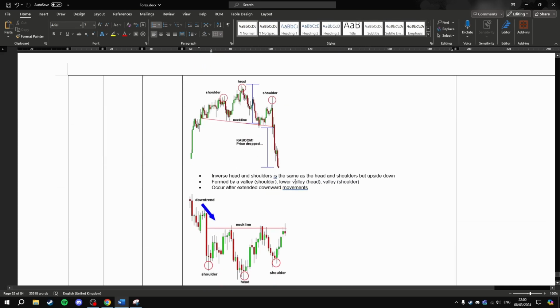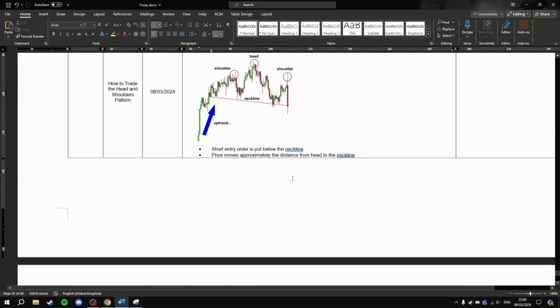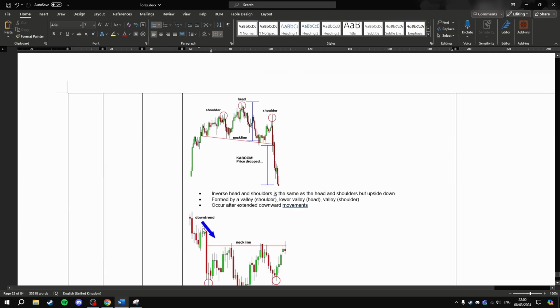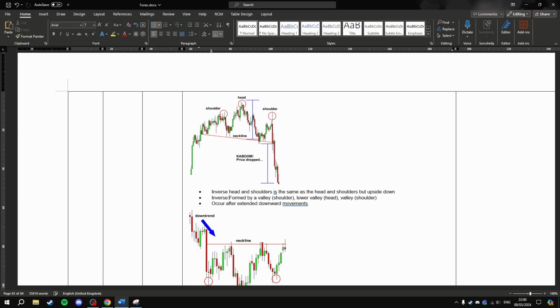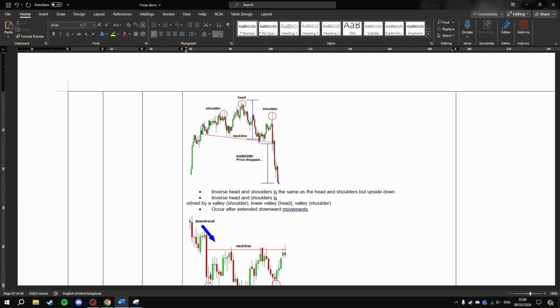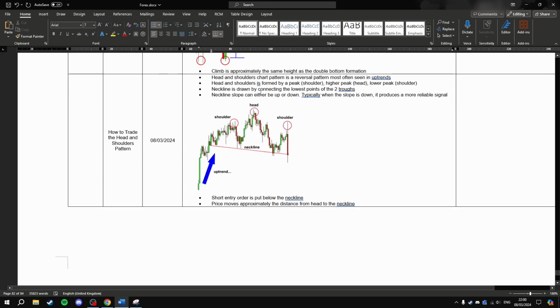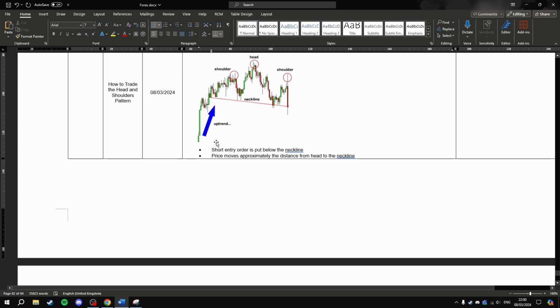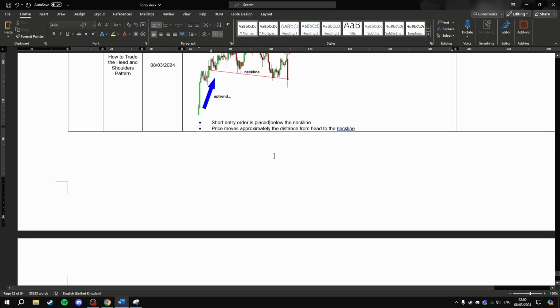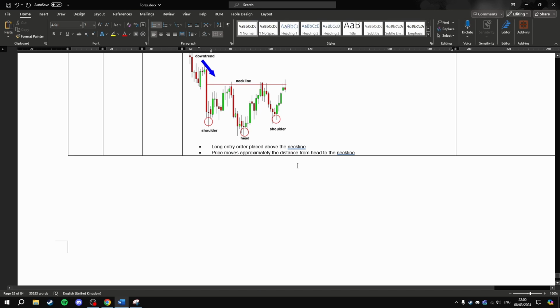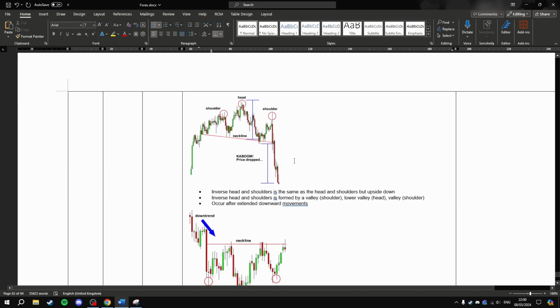Inverse head and shoulders is formed by a valley. Short entry order is placed below the neckline, long entry order placed above the neckline.